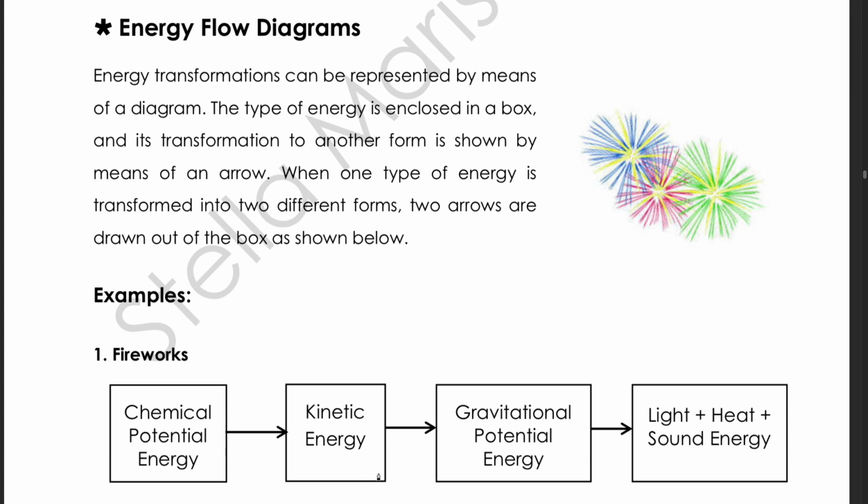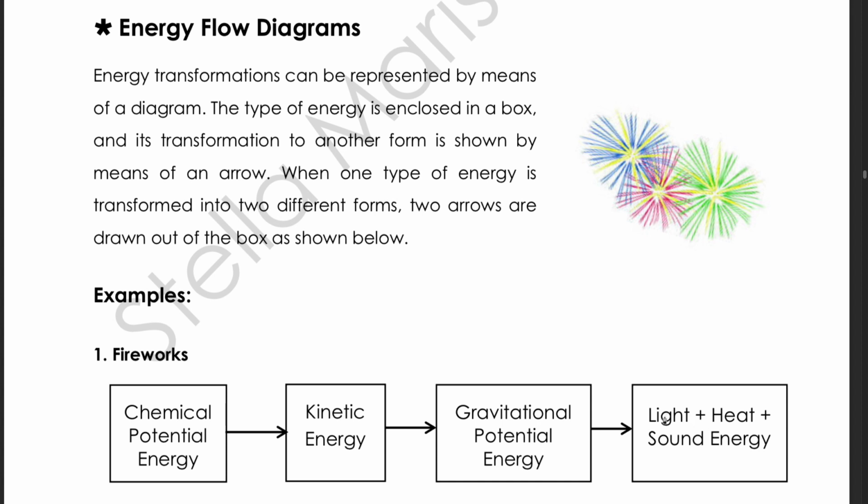Now as it keeps on going further up, that kinetic energy starts to reduce and it will become gravitational potential energy. Finally, at the very top, all the energy will be transferred into light, heat and sound energy when the firework opens up.